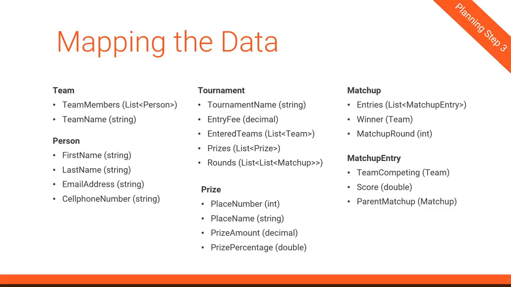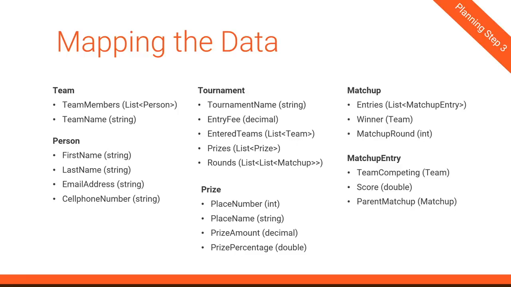And that gives me the winner, which I can put in the winner object, and it allows me to then say other things as well, order by something else. The other thing it allows me to do, though, is it keeps the team competing, their score, and where they came from all together.